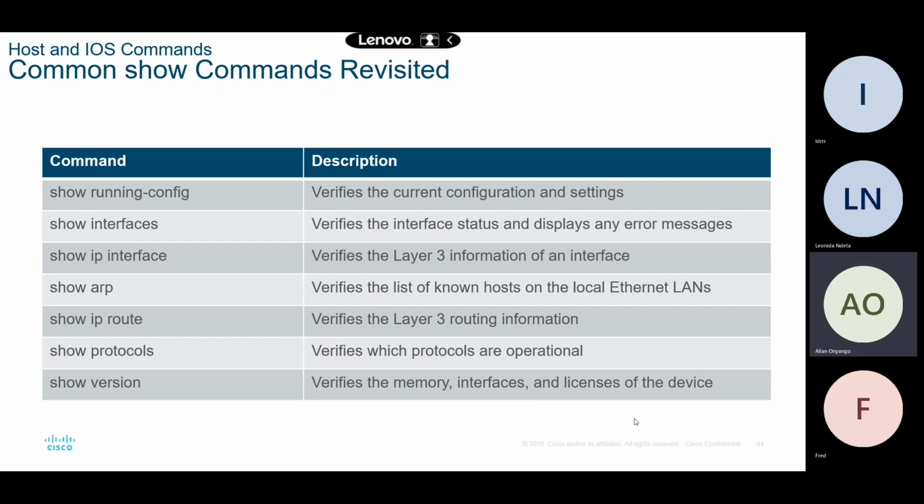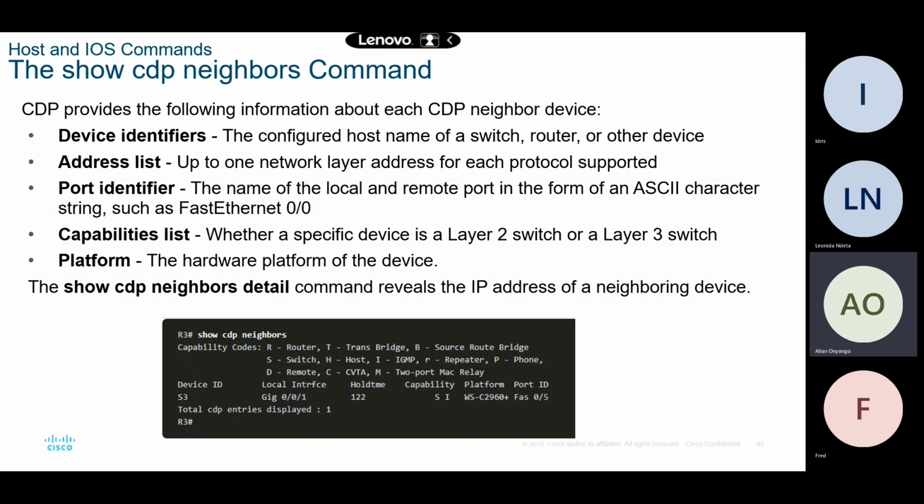So we have the show commands, and we have other commands like show cdp neighbors. Of course, we will talk about CDP, which means Cisco Discovery Protocol. The Cisco Discovery Protocol is a protocol that is mostly used to learn about the details of other Cisco devices within the network.